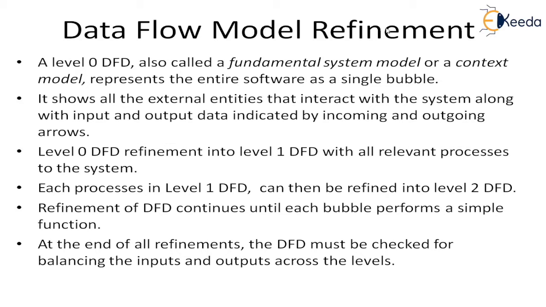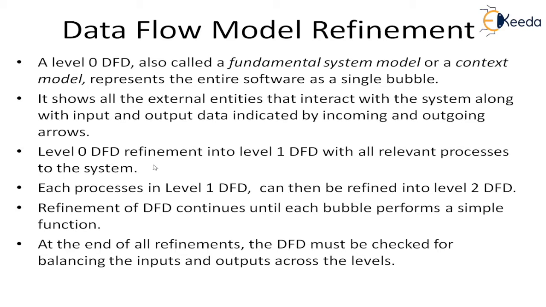So it will create the complete context in which the system sits. It will be a single bubble with all the external entities around it, the way they are interacting, the input data that is coming in and the output data that is going out. The whole thing will be described in a single bubble in the 0 level DFD, called the context model.